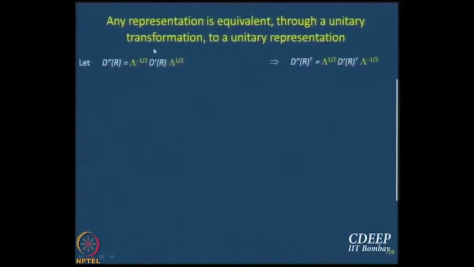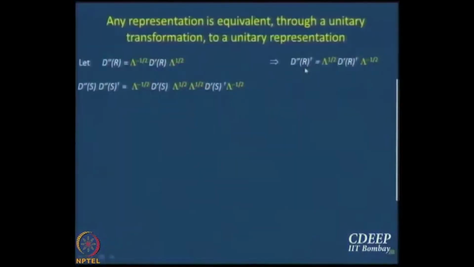But let us work with this now. So see, R is a general operation, right? Let us focus on one operation, S. What is d double prime S adjoint? What is that? Lambda to the power minus half d prime R lambda to the power half, then lambda to the power half d prime S dagger, it is correct.